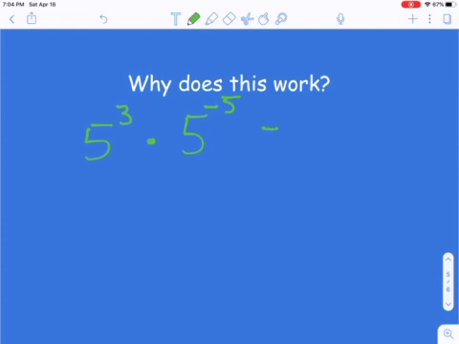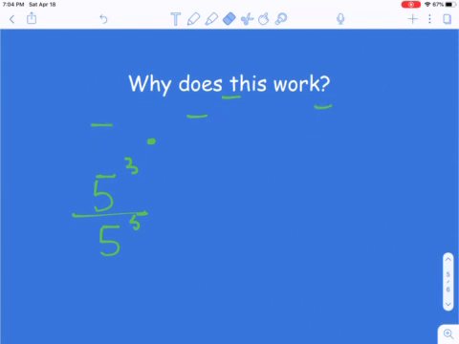You just add those together and get 5 to the negative 2 power. Another way of doing that would be as if I had 5 to the third over 5 to the 5th power. So I think we're going to concentrate on this example right here.